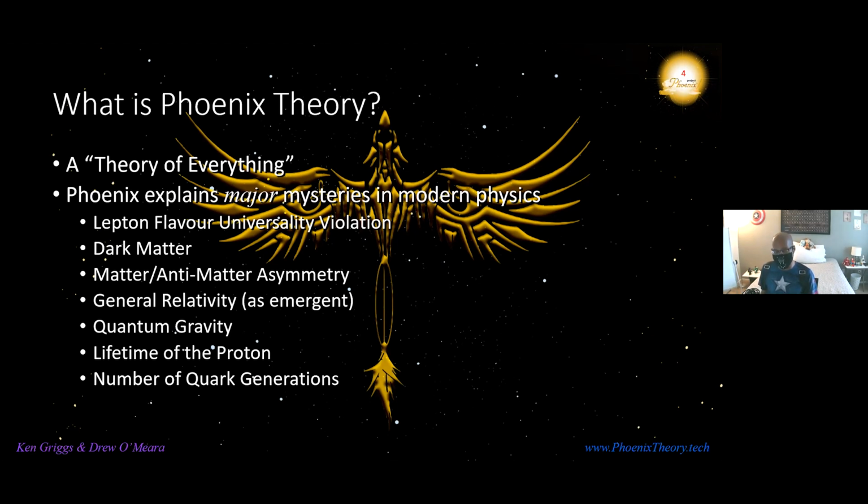Also, in the future, we'll talk about dark matter. We'll explain why there's an asymmetry between matter and antimatter, which is still a very hot topic in physics. We'll demonstrate why general theory of relativity is really an emergent theory and not simply at the same level as quantum mechanics.